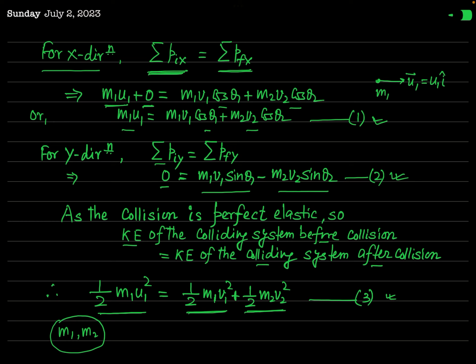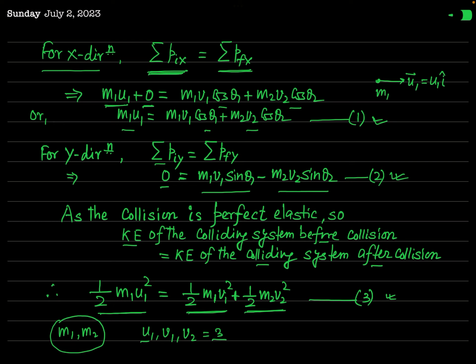But except m1 and m2, what are the quantities present in these three equations? You can see there are actually three velocities. First one is u1, the initial velocity, and v1 and v2 are the final velocities. So as a whole there are 3 velocities in these 3 equations.